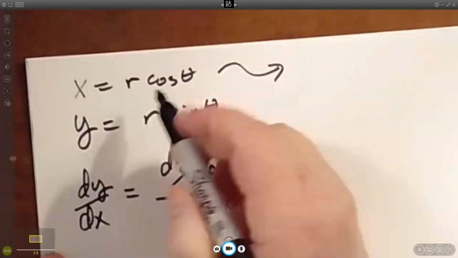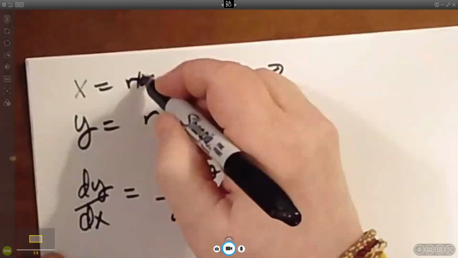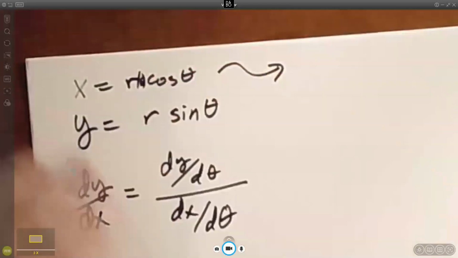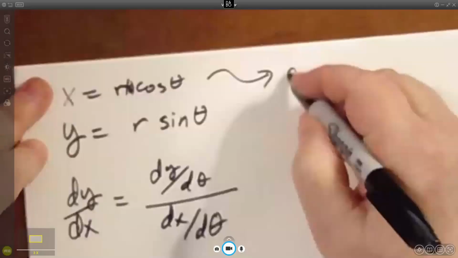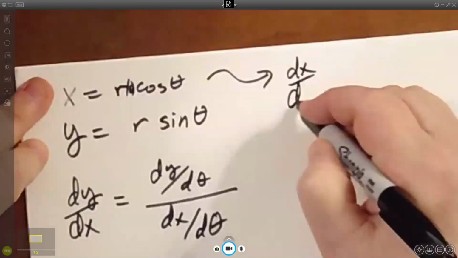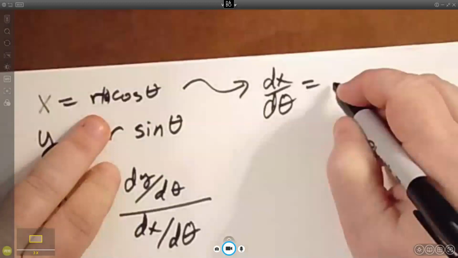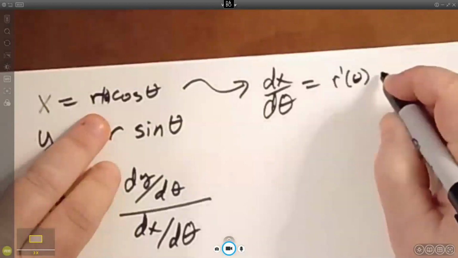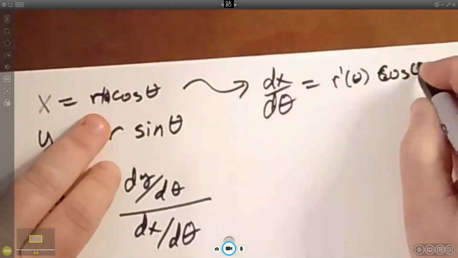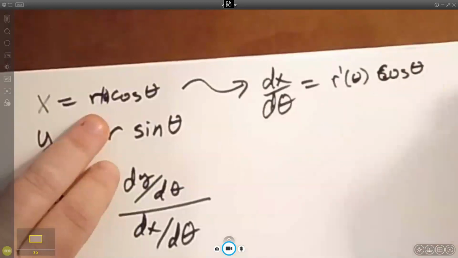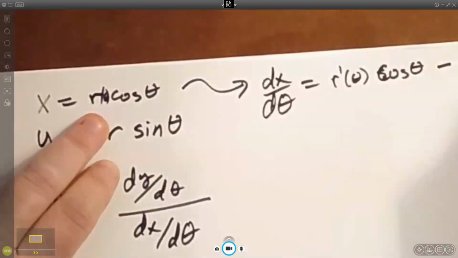Keep in mind, r is really r of theta. It's a whole function there. So for dx/d theta, I have to use the product rule. I have the derivative of the first times the second, plus the derivative of the second, which is negative sine, times the first.